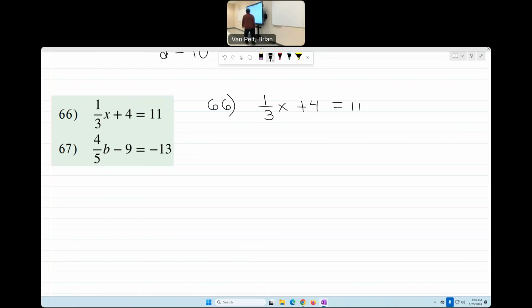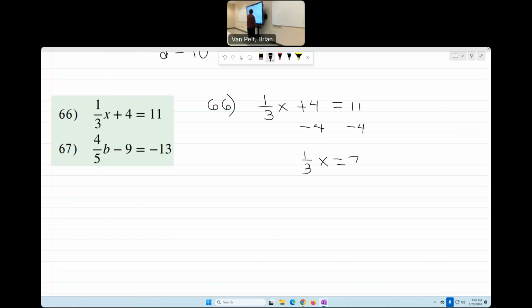All right, once again, these are all 2 steps to pretty much handle all of these problems. I'm gonna subtract 4 from both sides. That gives me 1/3 x equals 7. And pick your way, if you want to clear the 1/3 out of there. I personally would rather multiply by 3 instead of divide by 1/3, it looks ugly.